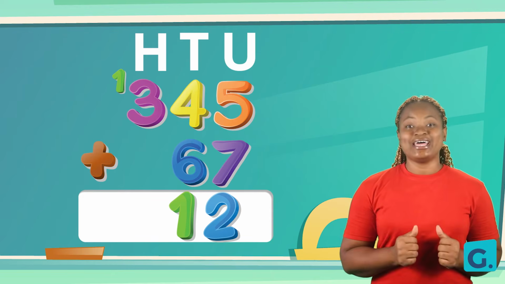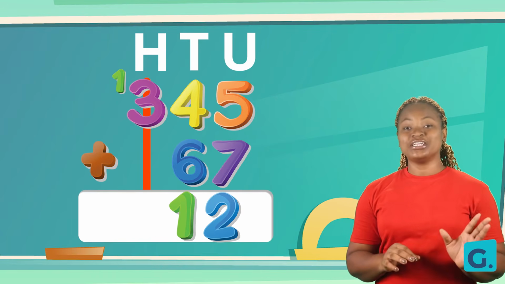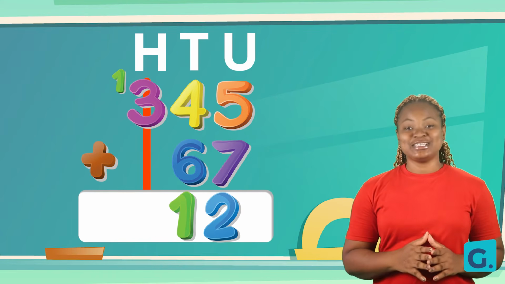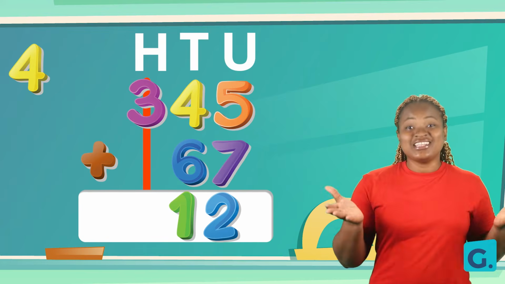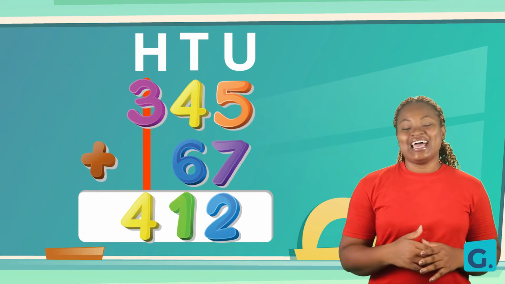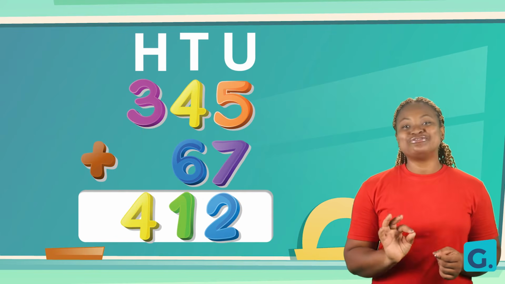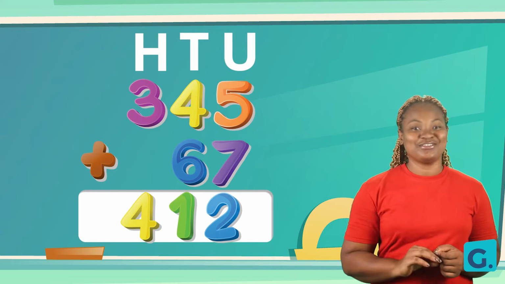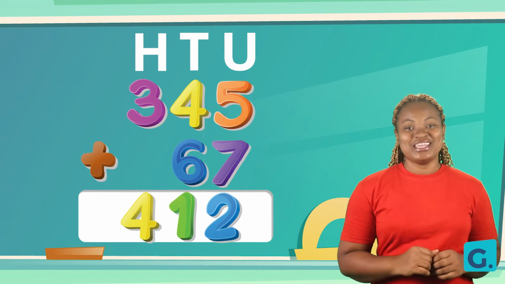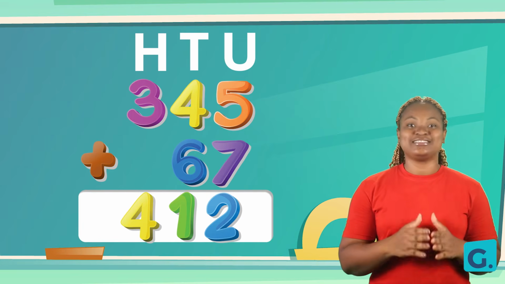Now it's time to add up the hundreds place. Under the hundreds place, we have 1 plus 3. That is equal to 4. There is nothing to add to 4, so we just bring it down like this. And we have our answer, 412. Good job! If you have done this right, you should get the exact answer.